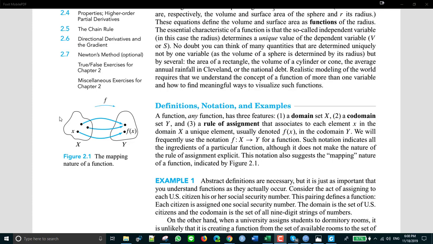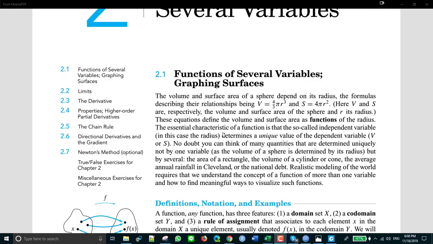So we have a domain set. So in this previous case, like here, the domain set would be the set of all possible R values that are allowable. So that would mean, for example, that we wouldn't have a negative R, right? We wouldn't talk about negative radius, although actually we did talk about it in the previous chapter. But generally, when we're talking about the volume of a sphere, we wouldn't.